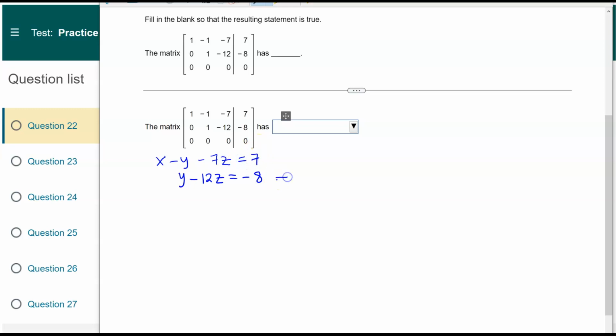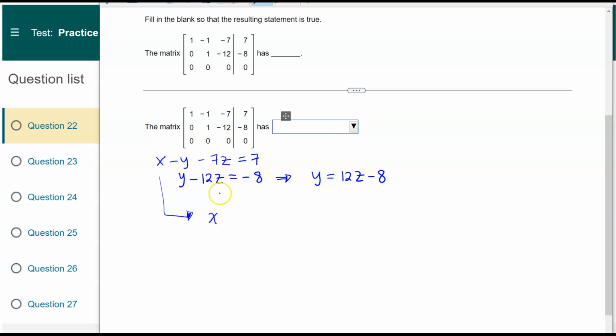So from here, you will solve for y in terms of z. So you will have y equal to 12z minus 8. And then you would have to solve for x from the first equation, that x here in terms of y and z.